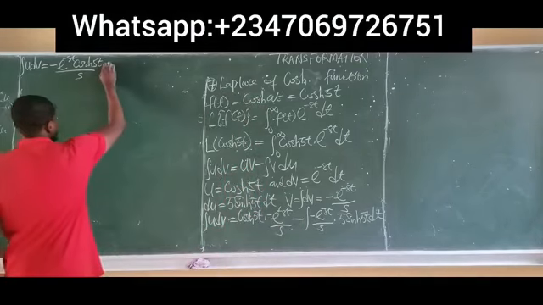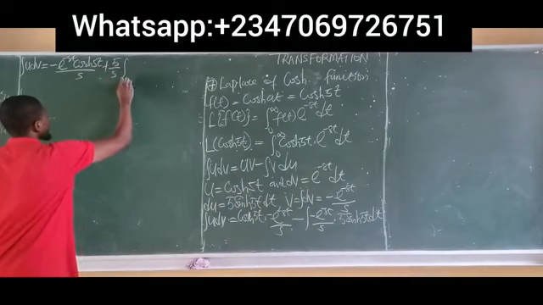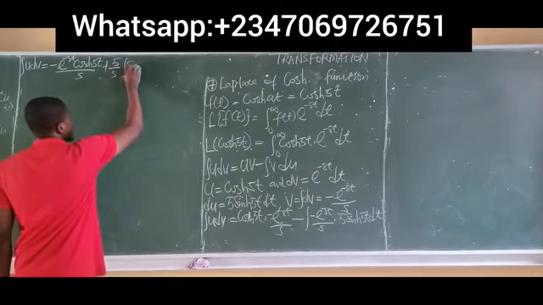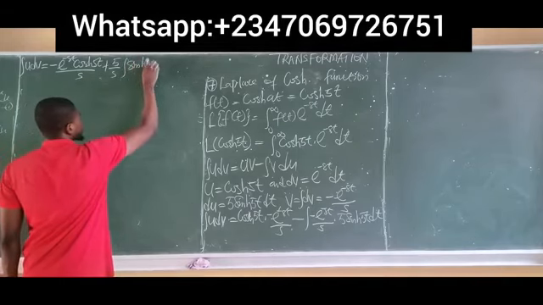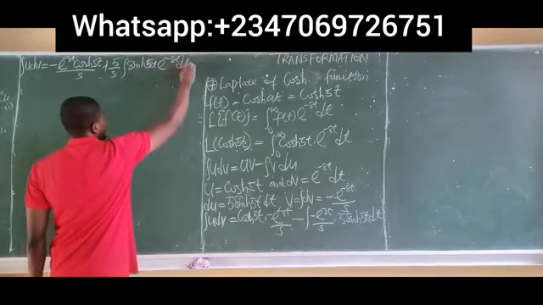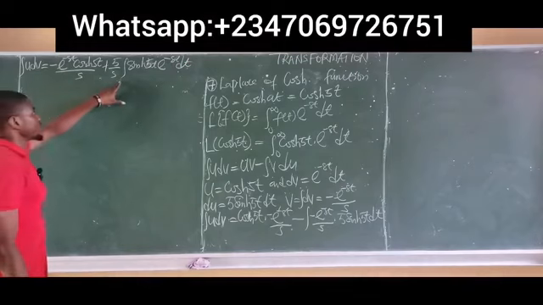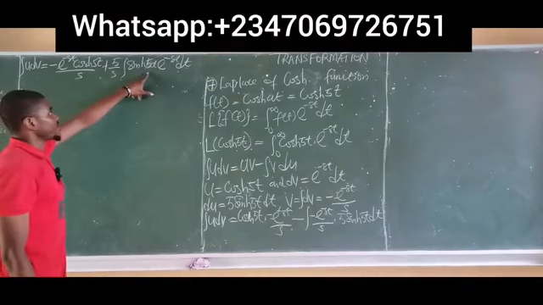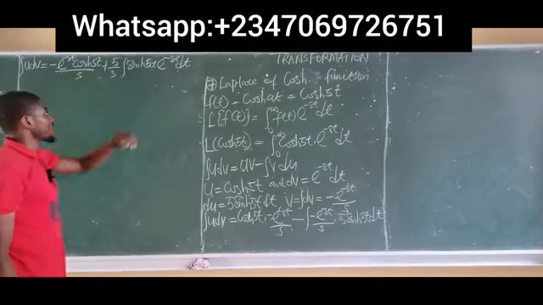I will simply have plus 5 all over s integral of sinh 5t exponential minus st times dt. Okay, so this simply means I still have to integrate sinh 5t exponential minus st dt. All right, so I still have to integrate this function.